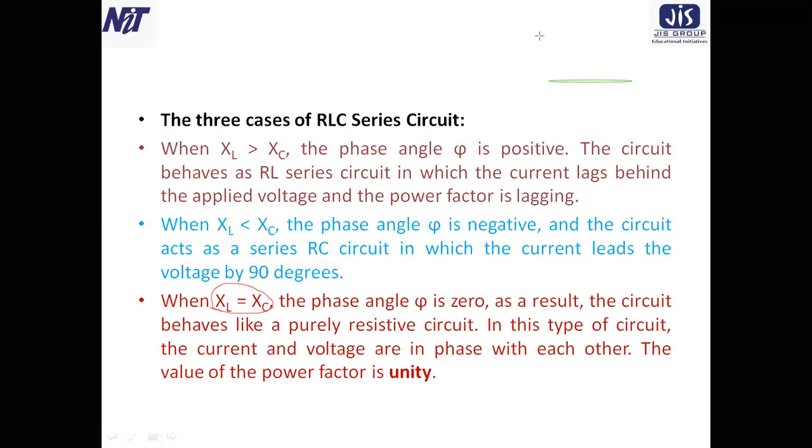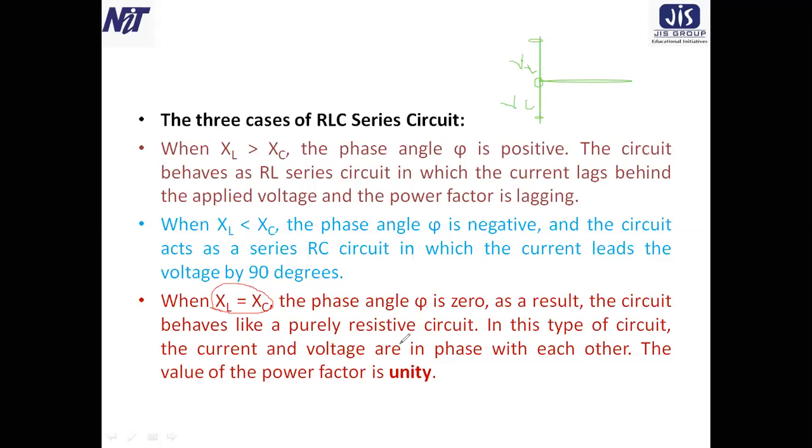Suppose x-axis, y-axis, these two have the same value. So this is our VL minus VC, something like this. VL, VC. So both are the same, so no value will be taken from here.